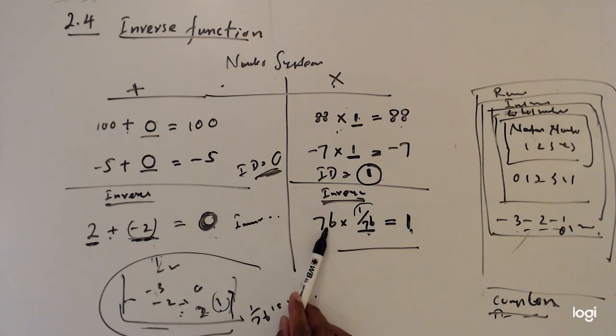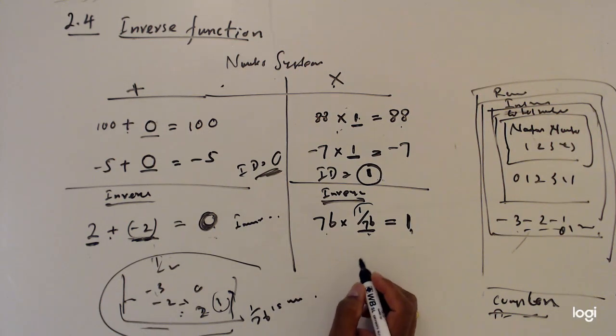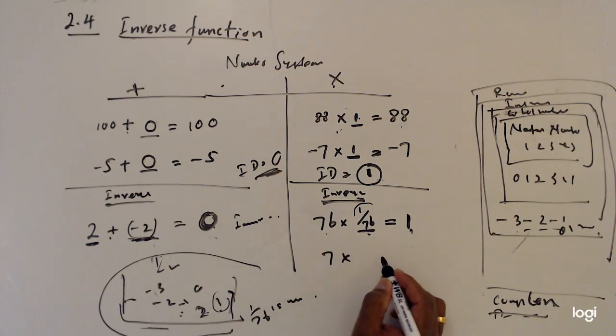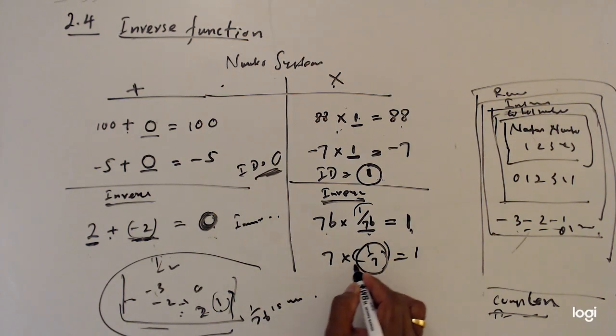Assume you select 7, then you need 1 over 7 to make 1, but 1 over 7 is not in this set. It is not an integer. So under multiplication, there is no inverse. Accordingly, it's not super luxury, or we will categorize it as not a field.